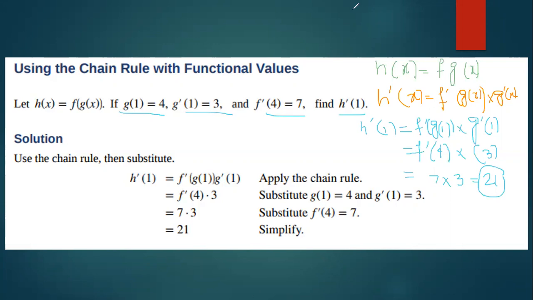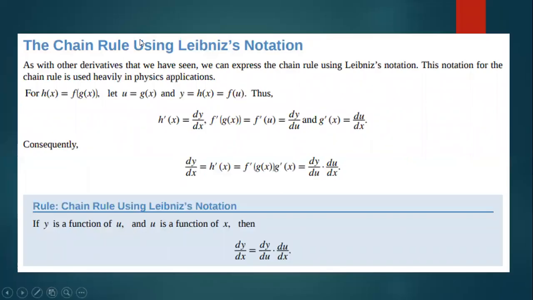Let's move forward. Okay, the chain rule using Leibniz notation. So Leibniz notation basically क्या है? This is notation जिसमें हम h of g of x को u के साथ रिप्लेस करते हैं. Okay, u के साथ.